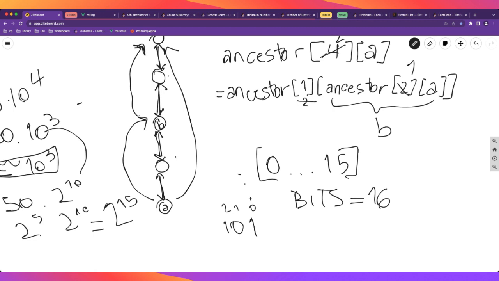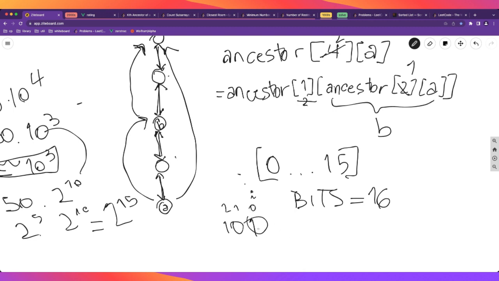So I'm going over, so my variable i goes over all the exponents, and I'm checking the bit to see if it's 1 or 0. If it's a 1, that's a power of 2.